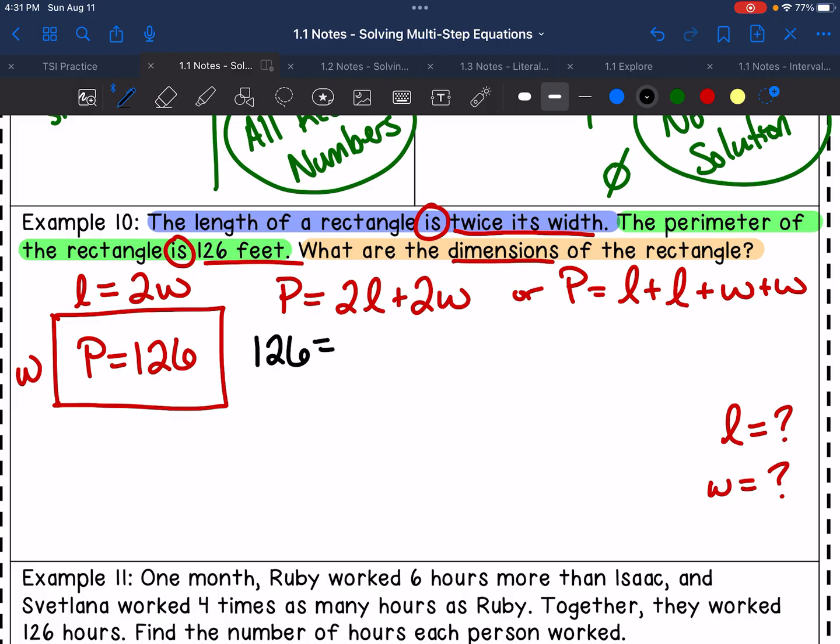I also know that L, right here, we said L is equal to 2W. So I'm going to replace that L. I'm going to write the 2 that I had, and then instead of L, in a set of parentheses, I'm going to write 2W, because we said L equals 2W.